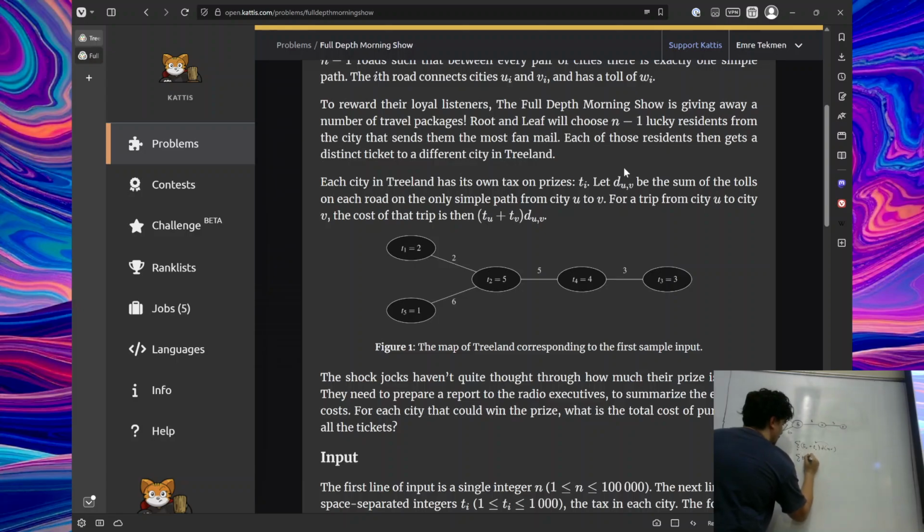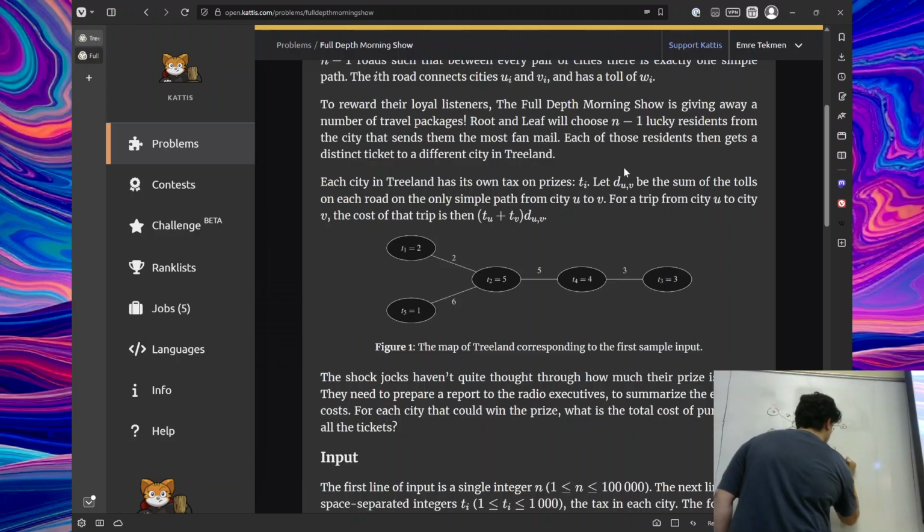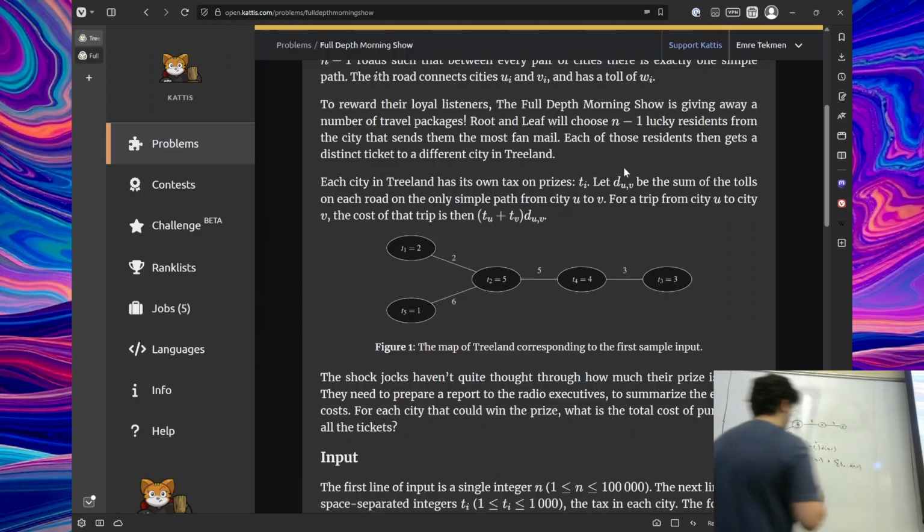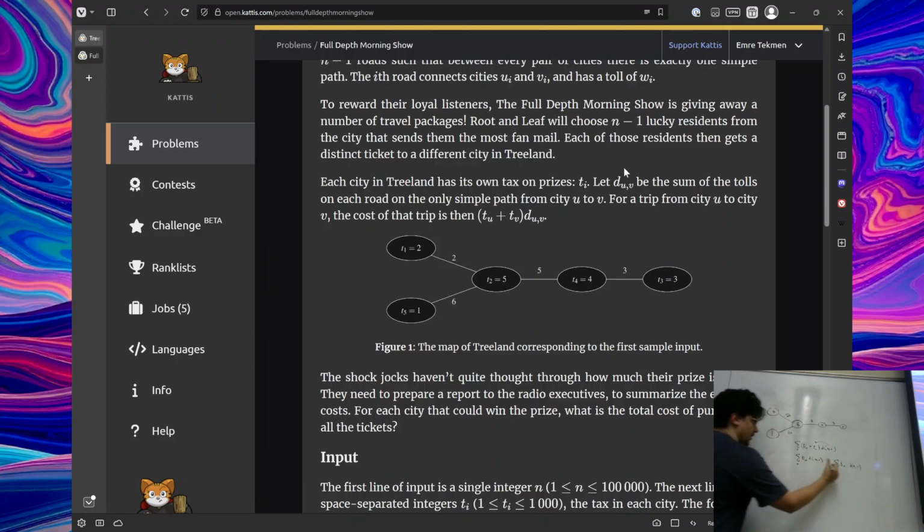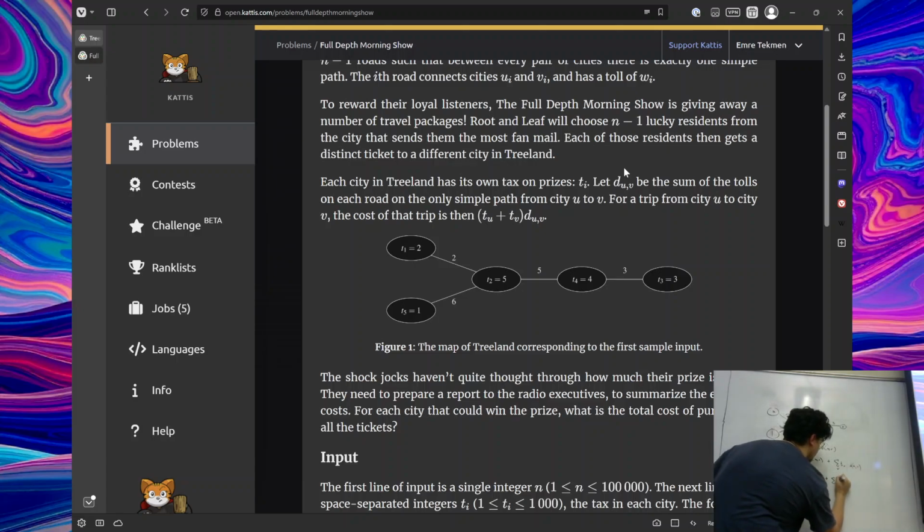So we're going to have tu times d uv plus the sum of tv times d of u to v. The second observation is that this is over v, both of these are over v, so tu is constant the whole time. So we can just pull that out: tu times the sum of duv plus the sum of tv times duv.